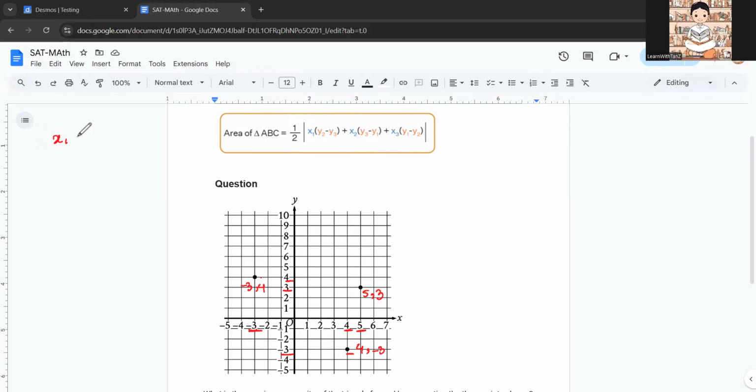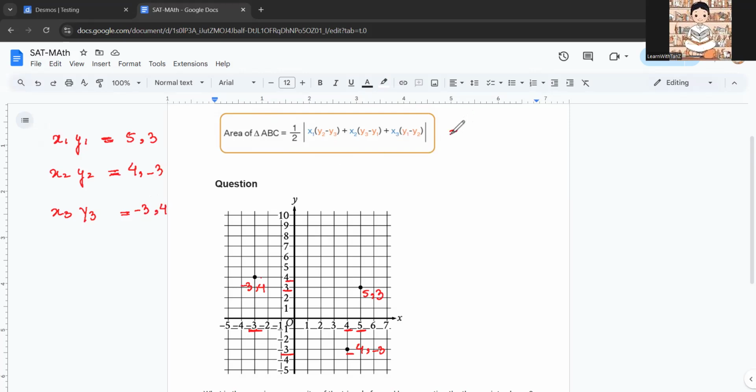So we'll take x1, y1, x2, y2, x3, y3. For x1, y1 let's take 5, 3. For x2, y2, you can take any of them as points 1, 2, and 3. It doesn't matter. You just have to follow the order. For x2, y2, I'm taking 4, negative 3. And x3, y3, I am taking as negative 3, 4.